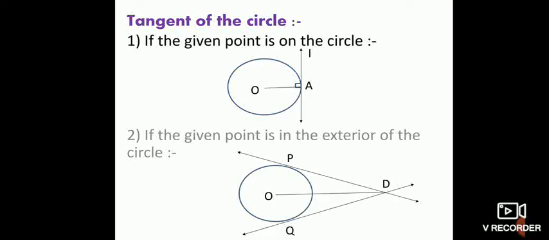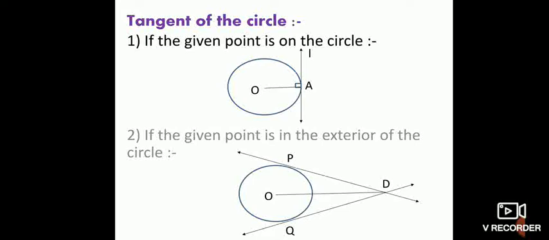Then, if the point is in the exterior of the circle, we can draw two tangents to the circle from the point outside the circle. म्हणजे जर दिलेला बिंदू वर्तुळाबाहेरील बिंदू असेल तर वर्तुळाबाहेरील बिंदूतून आपणास त्या वर्तुळाच्या दोन स्पर्शिका काढता येतात.